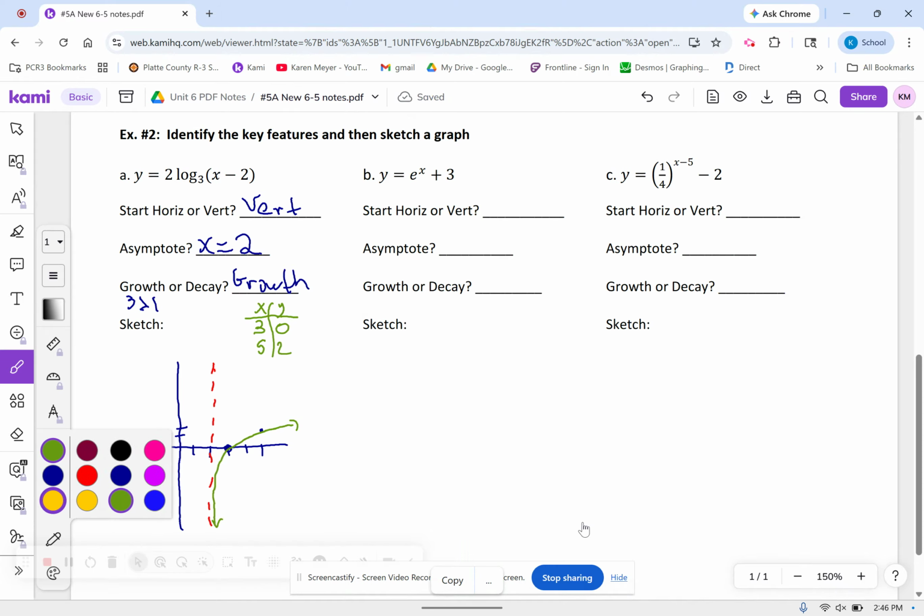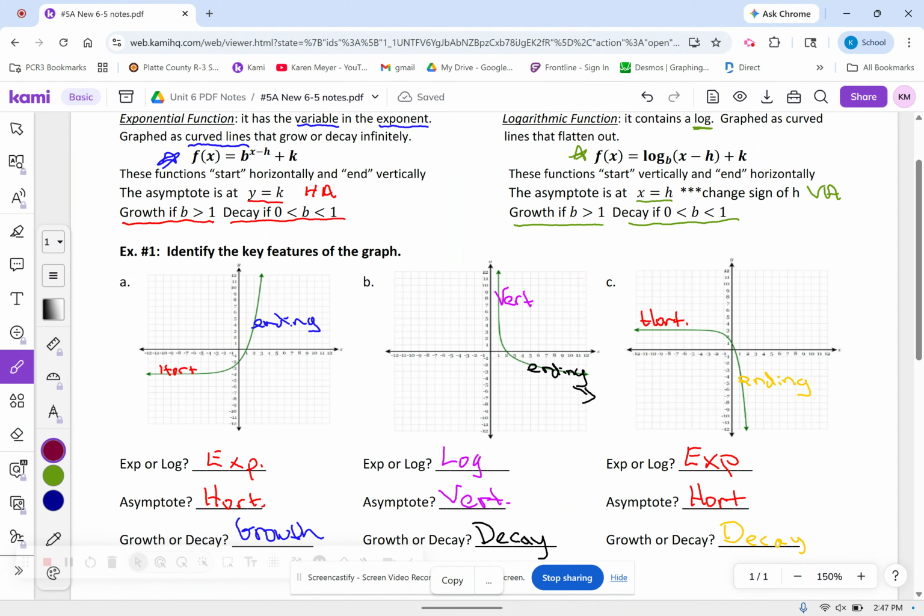Okay, for this one, I do not have a log in this problem. So if I do not have a log in this one, then this one is going to be exponential. Plus, you're going to notice that x is a power, and if x is a power, it's exponential. And if you look up here, exponentials start out horizontally.